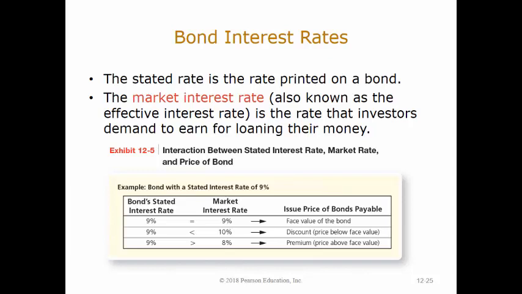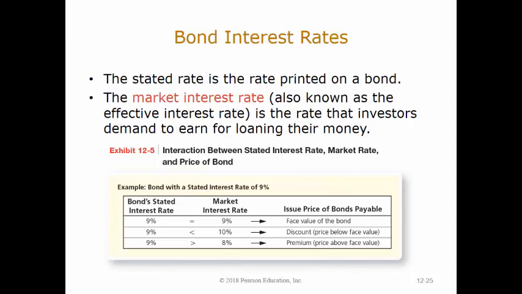The stated interest rate determines the amount of cash interest the borrower pays each year. The stated interest rate is printed on the bond and does not change from year to year. The dollar amount of interest paid is not affected by the issue price of the bond. The market interest rate, also known as the effective interest rate, is the rate that investors demand to earn for loaning their money.